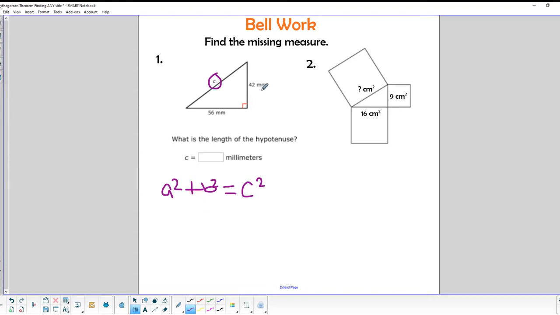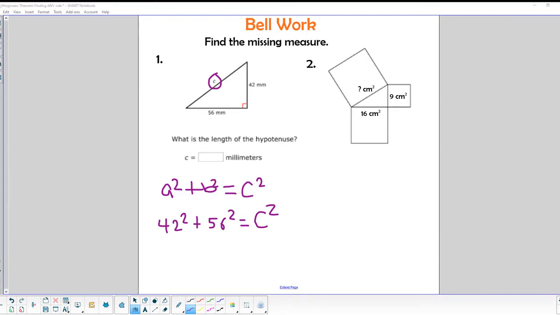All right, so in this case, A, which we're going to call the number going up and down, is 42. So 42 squared plus B, the bottom down here, 56 squared, has to equal C squared. So first of all, let's find the value of those numbers.